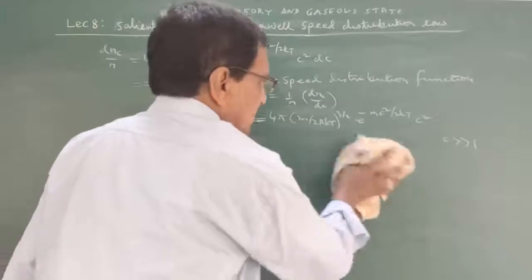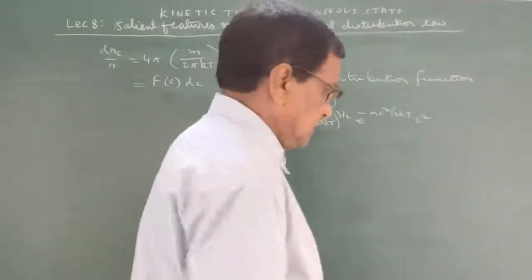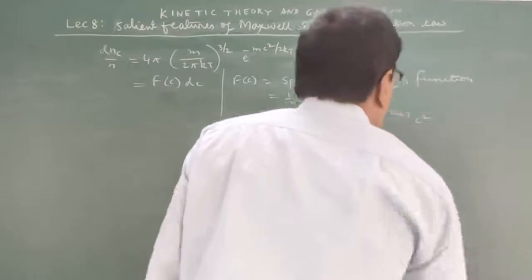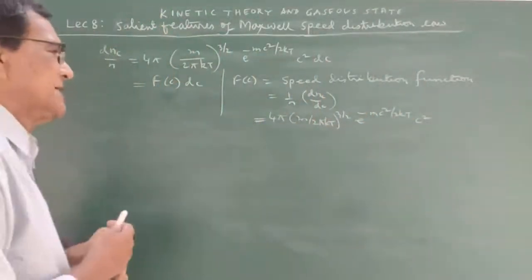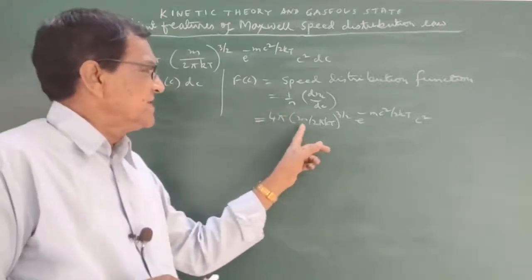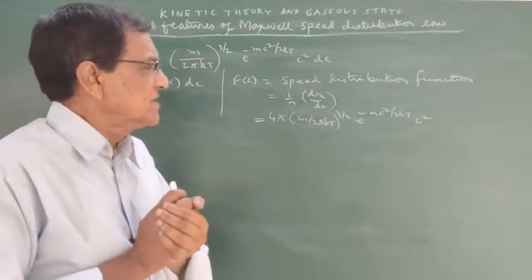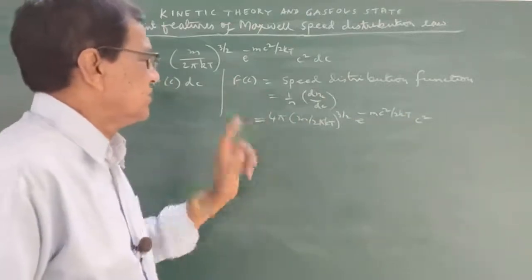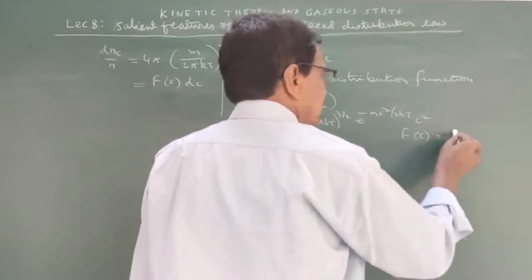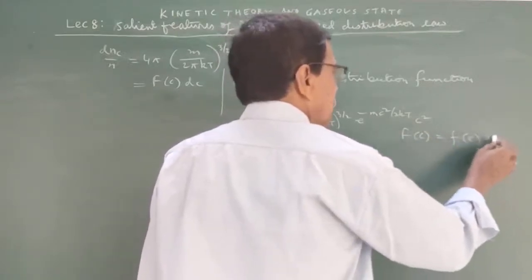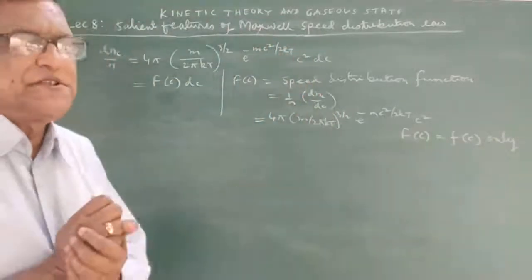Now you can see that for a given gas, M is fixed. At a given temperature, T is also fixed. Then Fc is a function of C only, for a given gas at a given temperature.